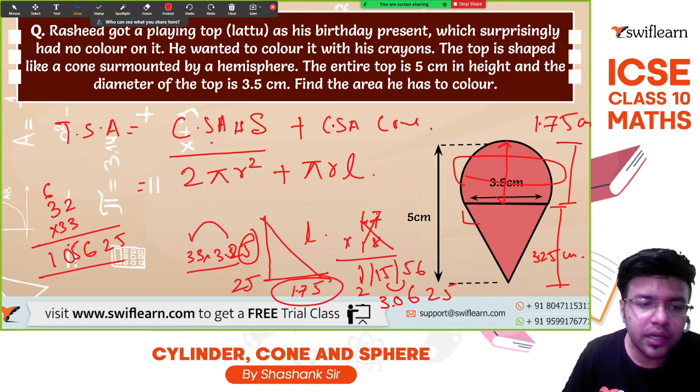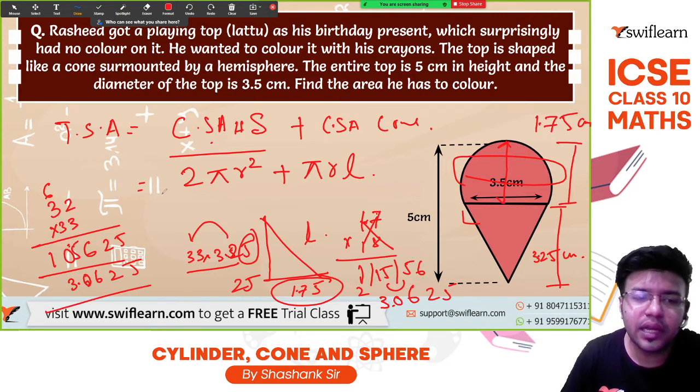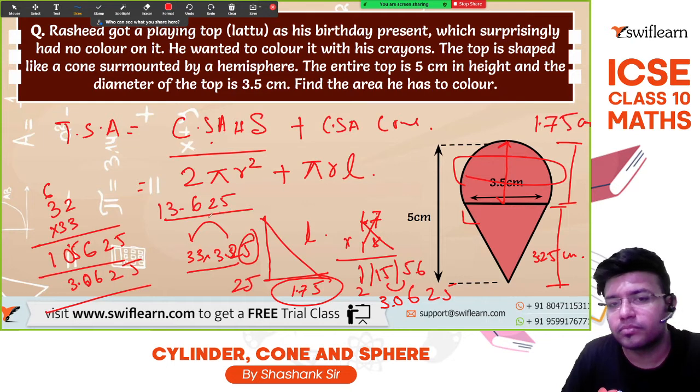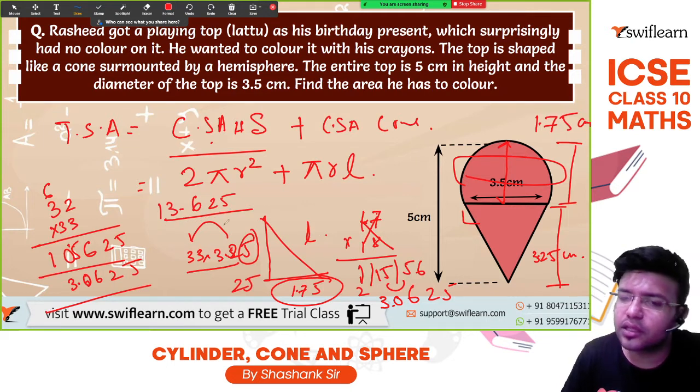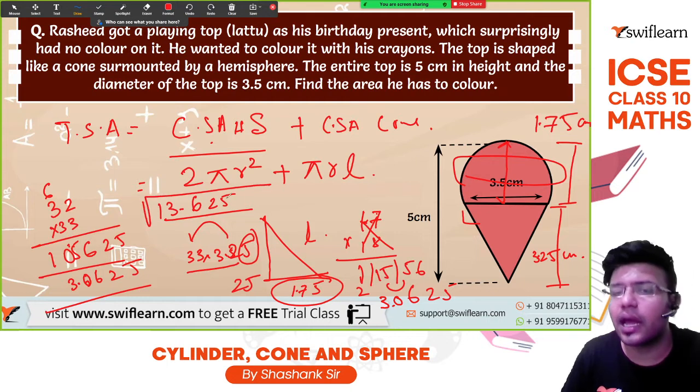Put a decimal here, so it is 3.0625. Add them all and you get 13.625. Take the square root of this, and you get l.